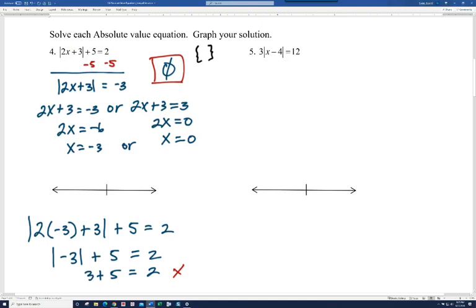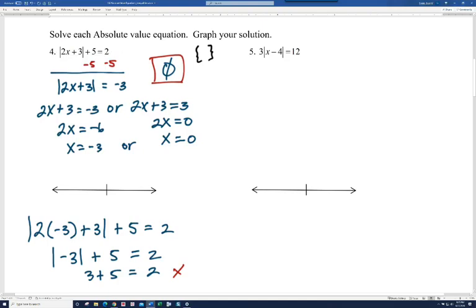And so, number one, you either got to remember that the absolute value of some expression cannot equal a negative number, or you'll need to get in the habit of checking your answers so that if you have a situation like this, you'll catch it when you check your answer and you'll see, oh, shoot, this is not possible. There is no solution that will make this original equation true.